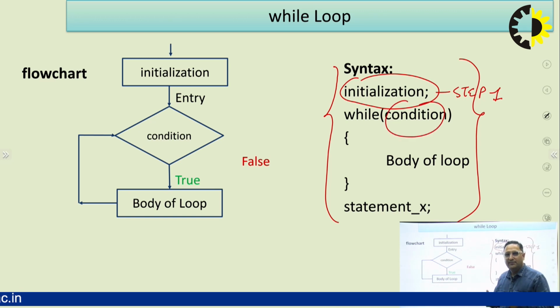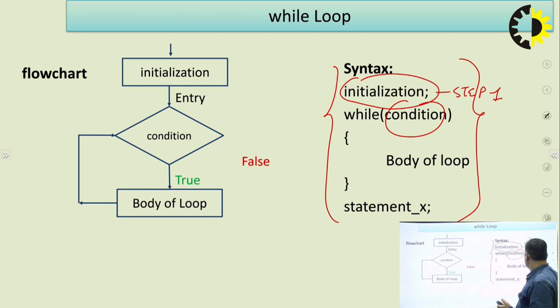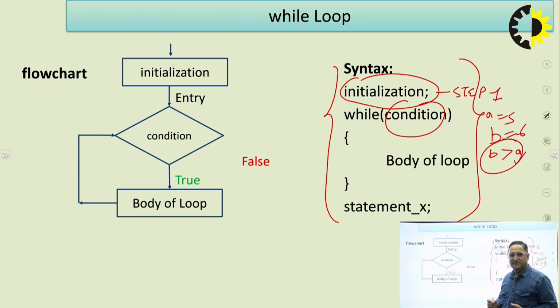Now the next thing is the condition. Maybe it can be a comparison of two numbers, like if A is 5 and B is 6. If B is greater than A, it's a true statement. So your loop condition will work till the time this condition is met.